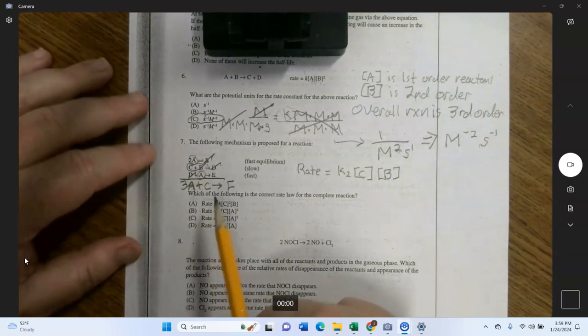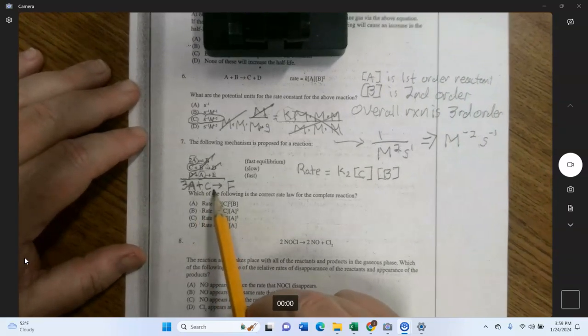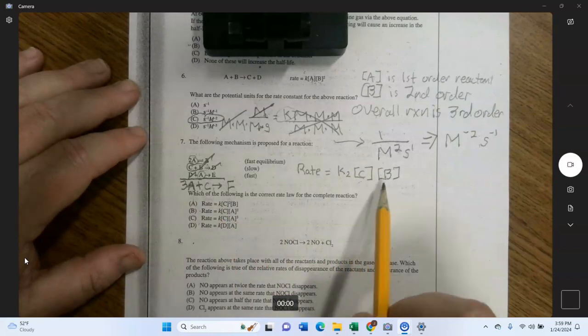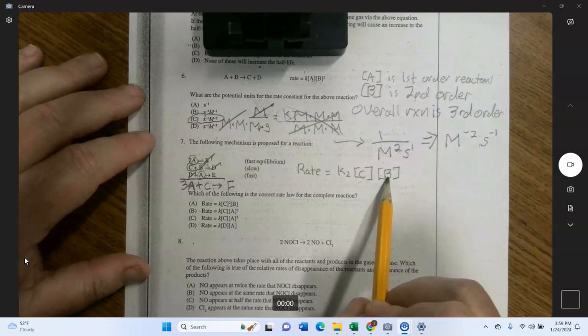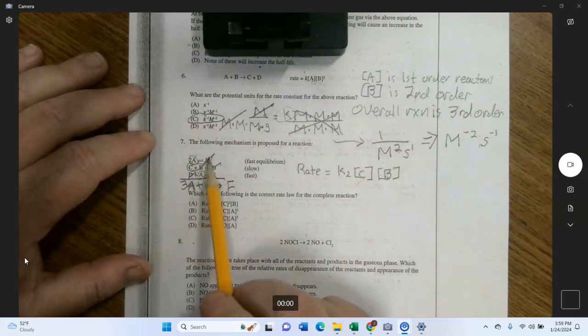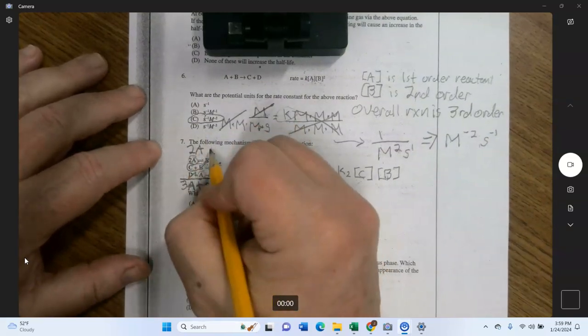Okay, so the only reactants that can be in the overall rate law are A and C. So we have a C there, but we have a B. So just like the last problem, we have to substitute out the B. So how do we do that? Well, if we come back up here, I kind of scratched over it. Let me rewrite this top reaction.